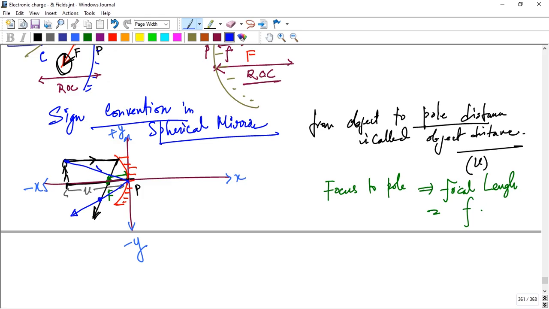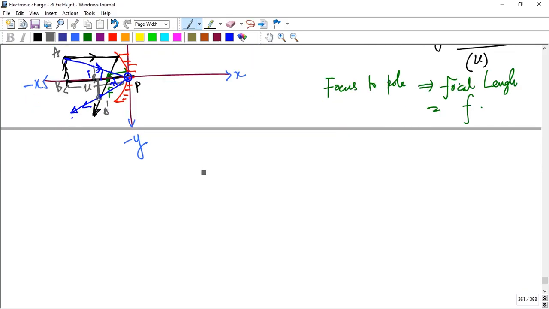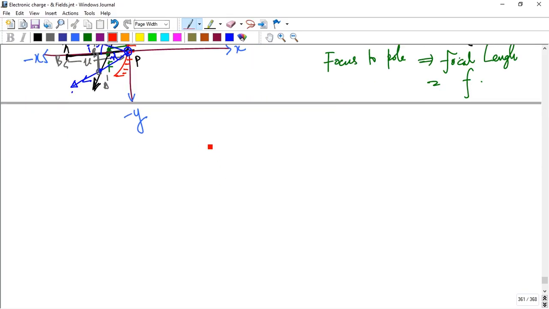If this blue line is also an incident ray, falling on the pole and going back to the same medium, then this angle I and this angle R are the same. Here we see the image height. If I say the object is AB, here we get B dash A dash. It is getting confusing, so we draw a new diagram here.